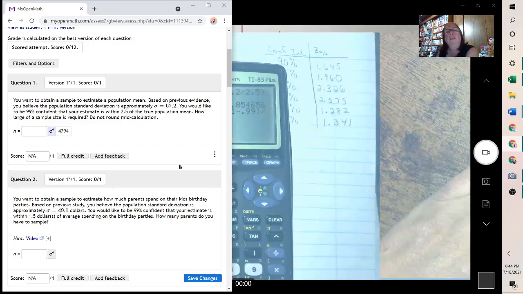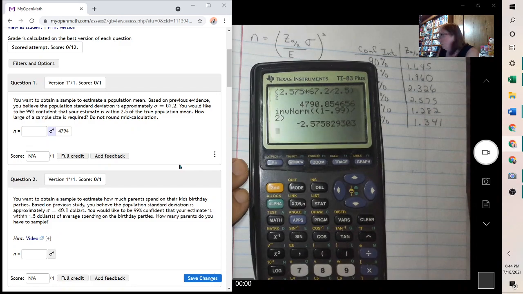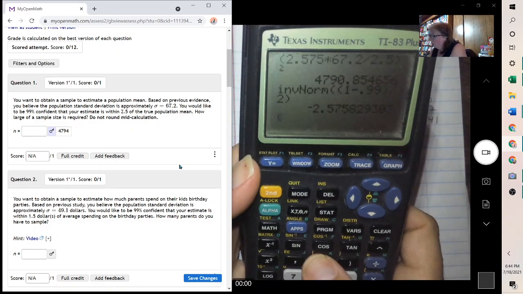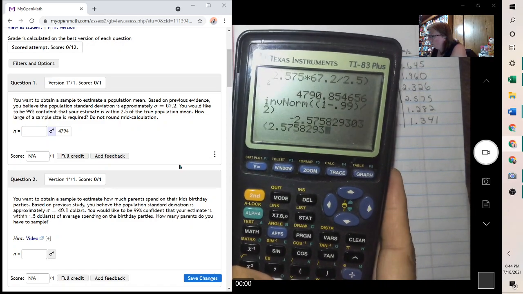If I found my value and took a bigger decimal, 2.575829303.